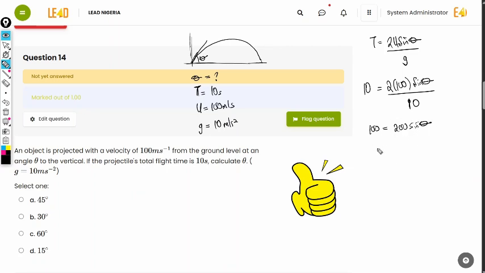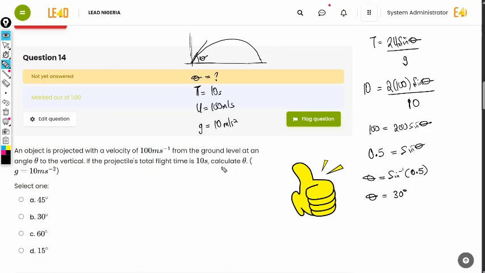Divide both sides by 200, I will have 0.5, because 100 divided by 200 is half, equal to sine theta. So from here we can say that theta would be the sine inverse of 0.5, so that means theta is going to be 30 degrees.